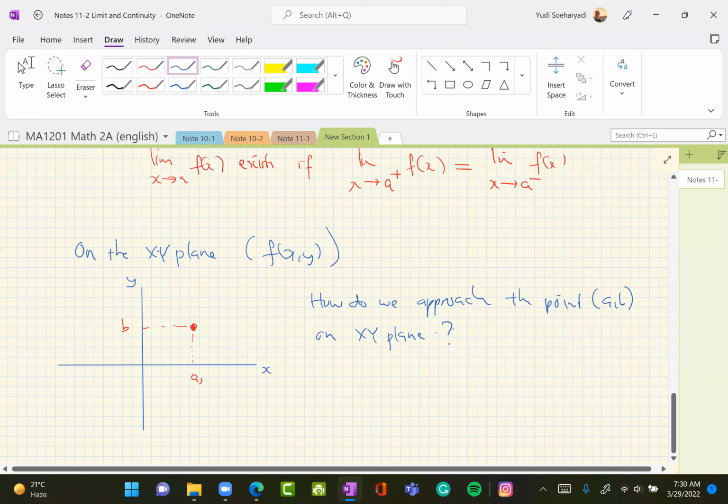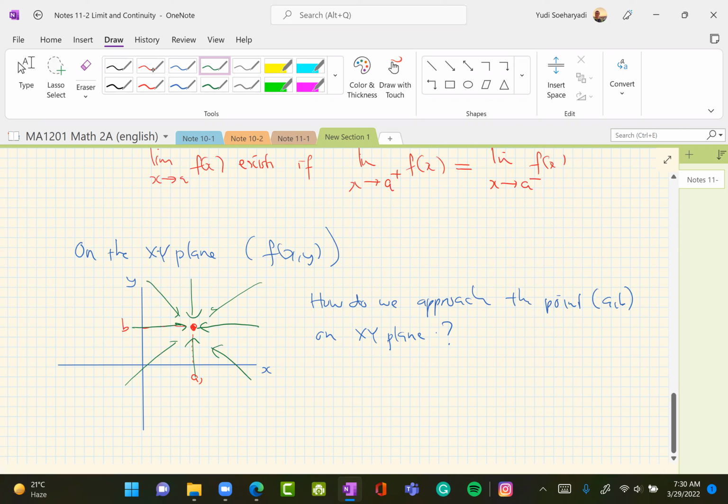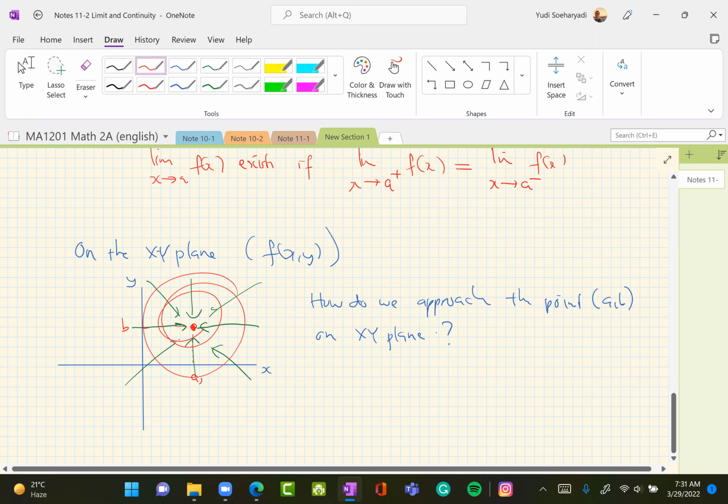Well, there are so many directions. Left and right are just two directions; going from up, down, any directions, and even the more extreme one going there.